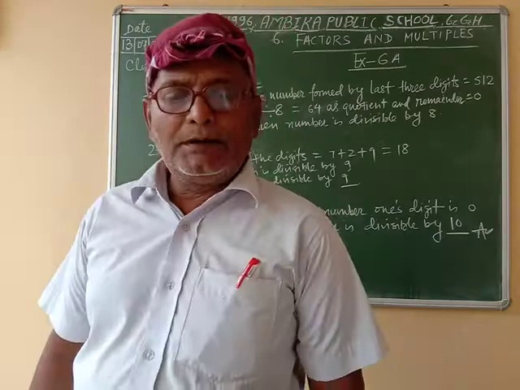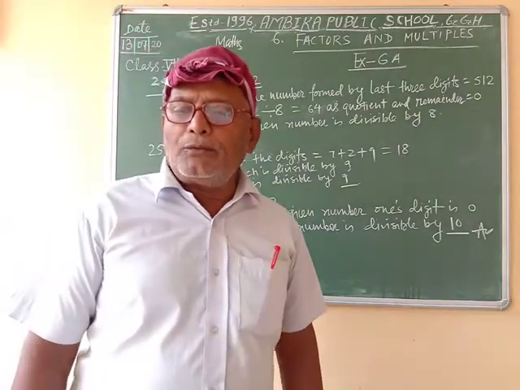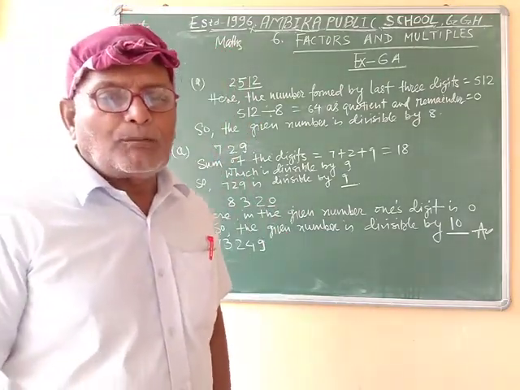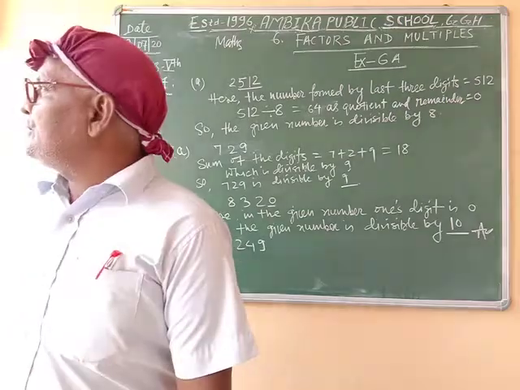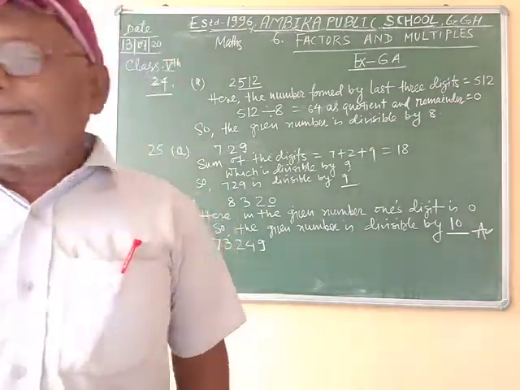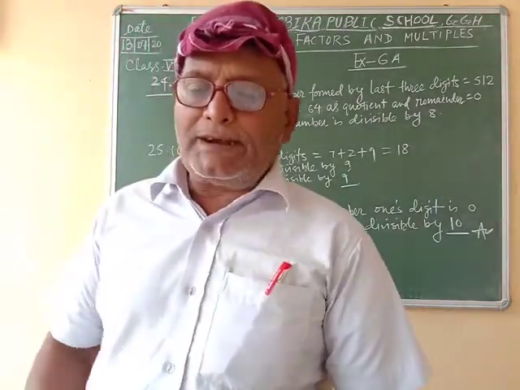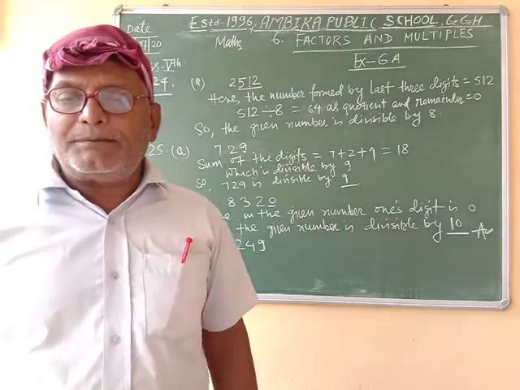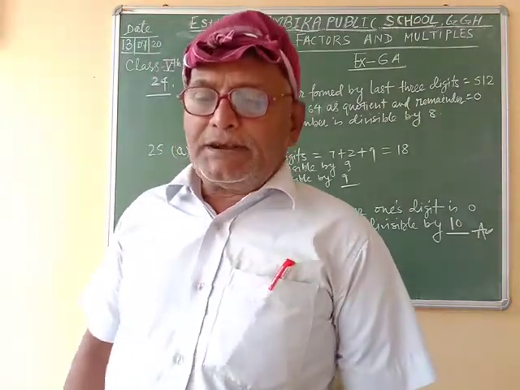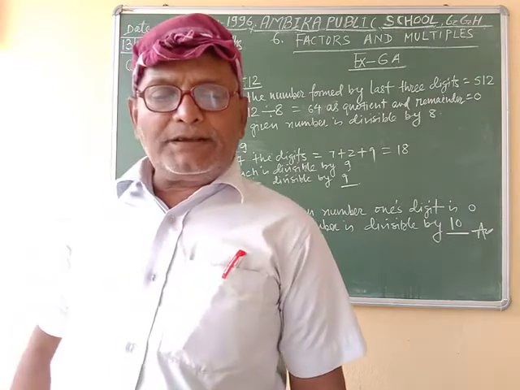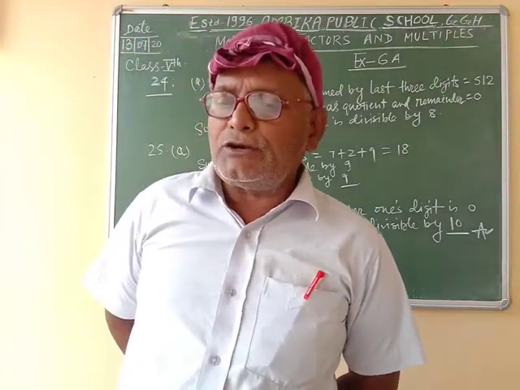We know that a number is divisible by 11 if the difference between the sum of its digits in odd places from right and the sum of its digits in even places from right is either 0 or a multiple of 11.